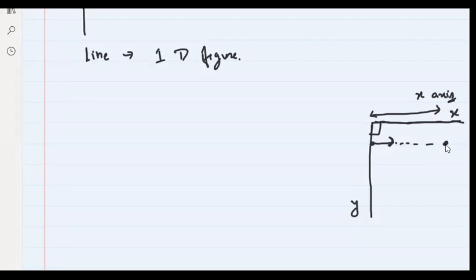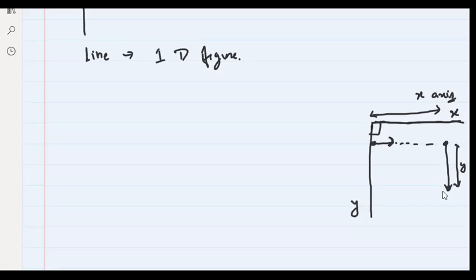Now suppose someone from here started moving in this direction. Then he's moving in which direction? Y. Got it? Very good. So he will move this distance in y-axis. Now, if I ask you that from this point to this point, the boy moved in which axis?